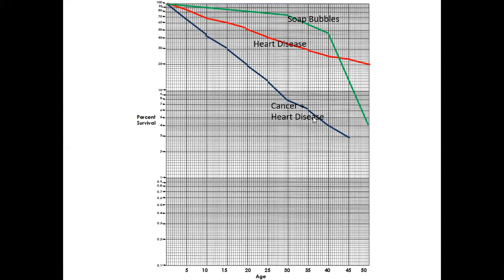Cancer and heart disease are both type 2 curves, but cancer is closer to type 3. But anyway, the point is that you're basically likely to die at any point along the way, depending on what disease you have. All right, so that is the entire slideshow I have.